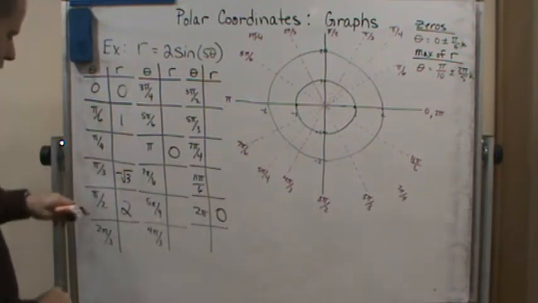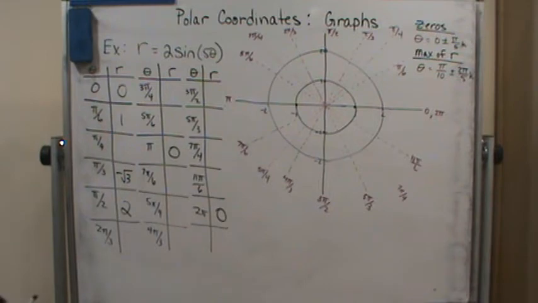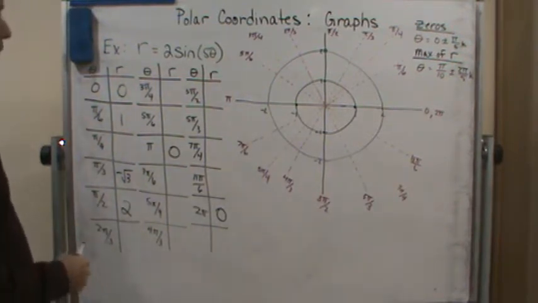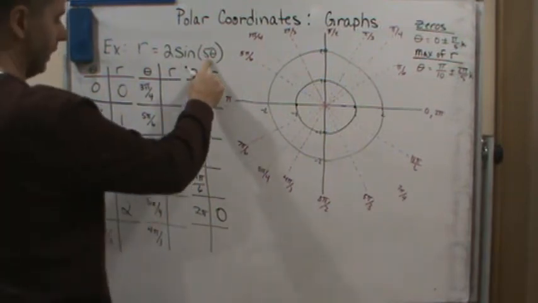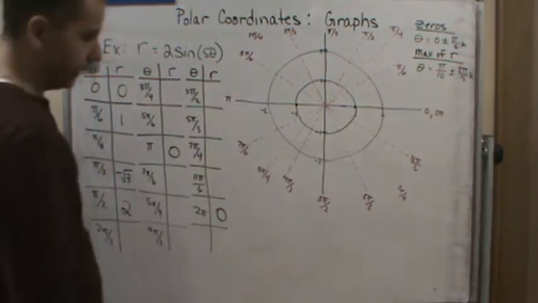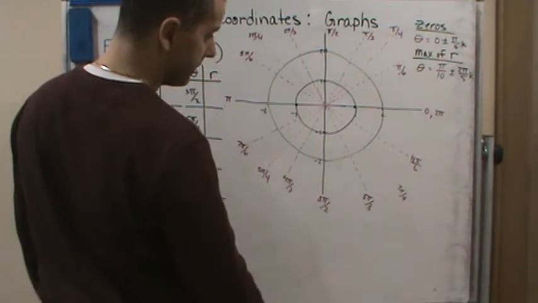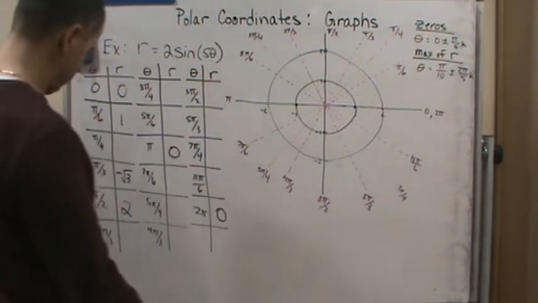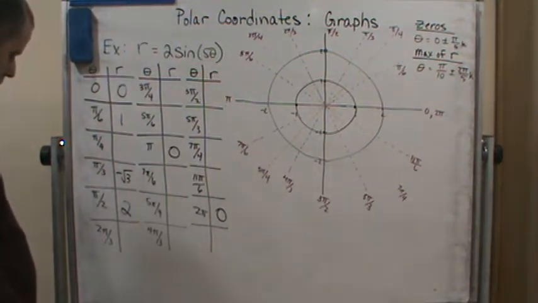Okay, which is going to be approximately negative 1.73. So what else? Now we have 2, and then here we get 2 pi over 3. Well, 2 pi over 3 times 5 is going to equal 10 pi over 3, and 10 pi over 3 is the equivalent to what?